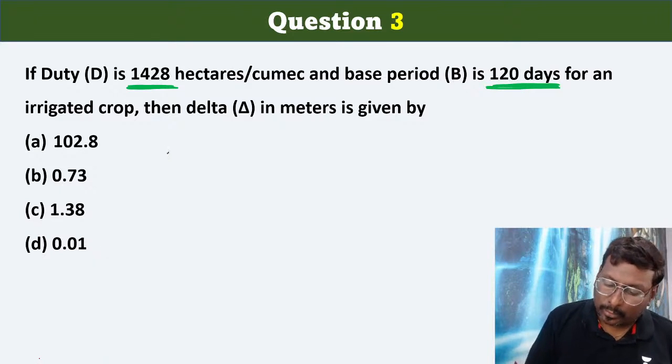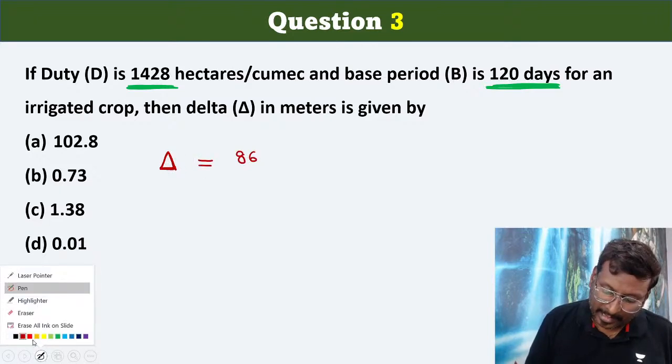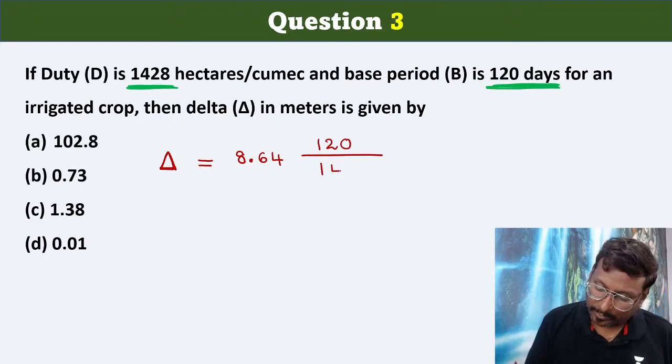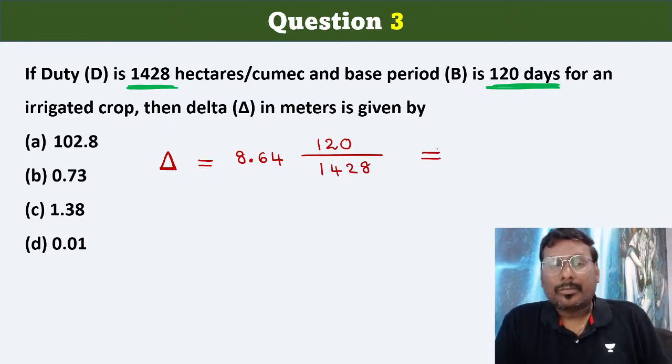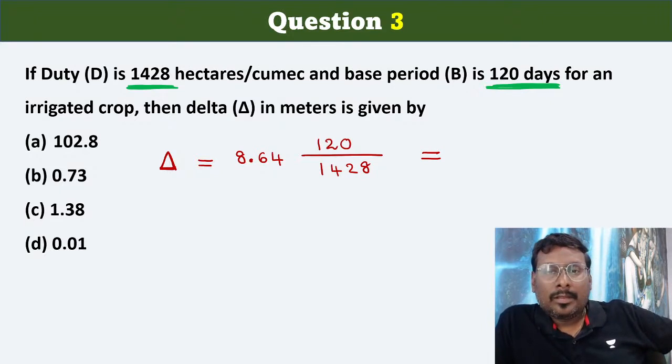This is a 1 mark question in GATE, the simplest, and they are asking in meters. Delta is 8.64 B by D, that is 8.64 times 120 by 1428.